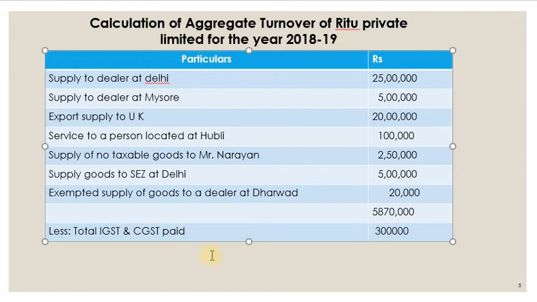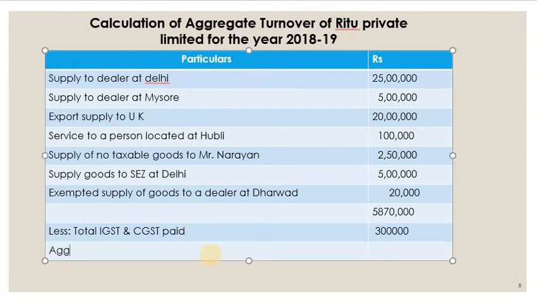Therefore, aggregate turnover is 55,70,000.